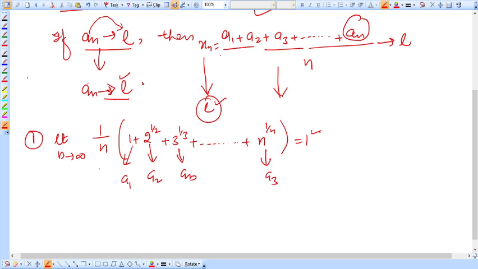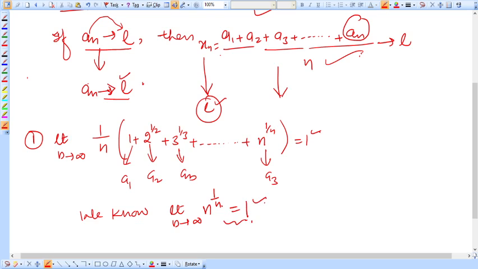So again this is becoming the same term as we saw here. We know the limit of n tending to infinity of n raised to power 1 by n is 1.